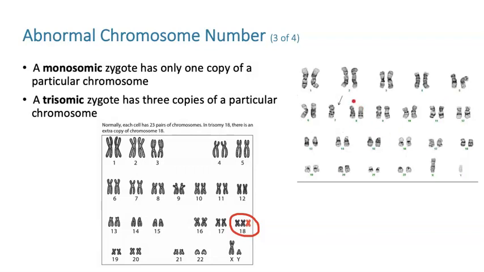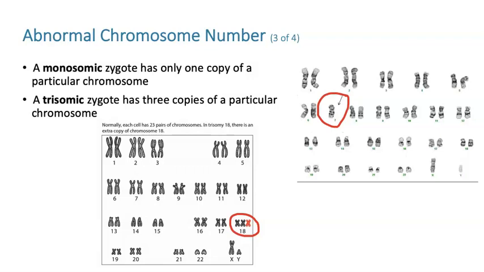Another example is missing chromosome number 7. If a zygote is missing chromosome number 7, that will absolutely result in a spontaneous abortion.